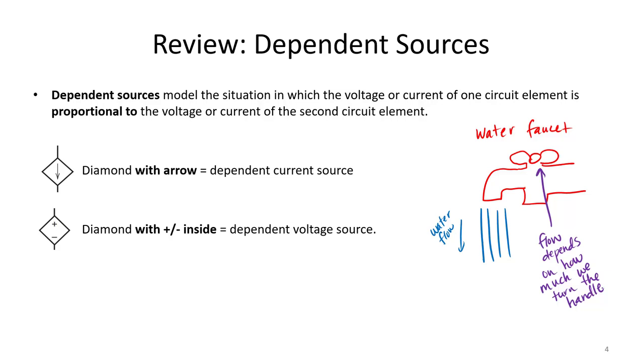And we learned that we can have dependent current sources as well as dependent voltage sources. You'll also remember I said that you should be happy when you have dependent sources in your circuit, because usually you are given some information about that dependent source.